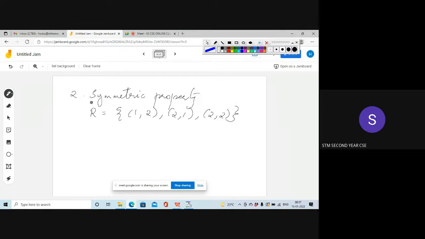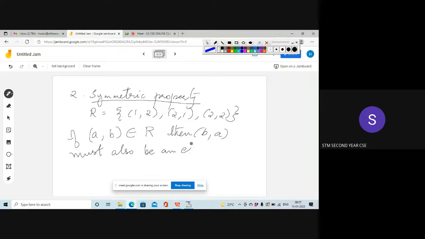For this relation R to satisfy the symmetric property, the property says that if (a,b) is an element of R, then (b,a) must also be an element of R. So a relation is said to be symmetric if, whenever an element (a,b) exists, the element (b,a) should also exist.